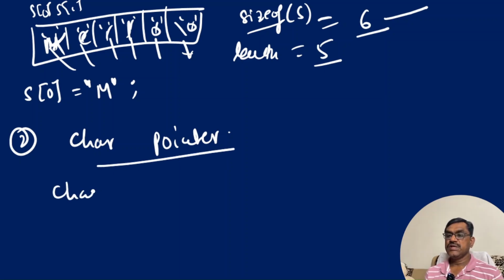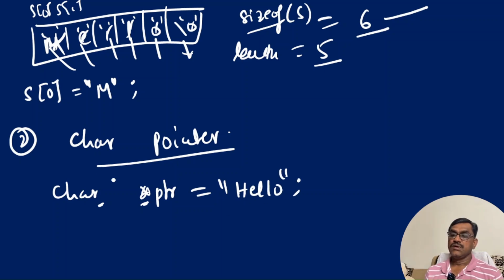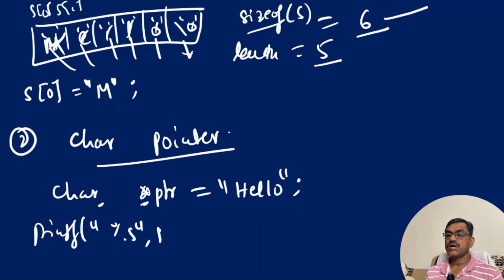See here, I'm taking the variable like this: char star ptr equals to, in double quotes, hello. This is also valid. Now, how to print this hello? You can write printf %s in double quotes, comma, ptr. Now we are going to get the hello.